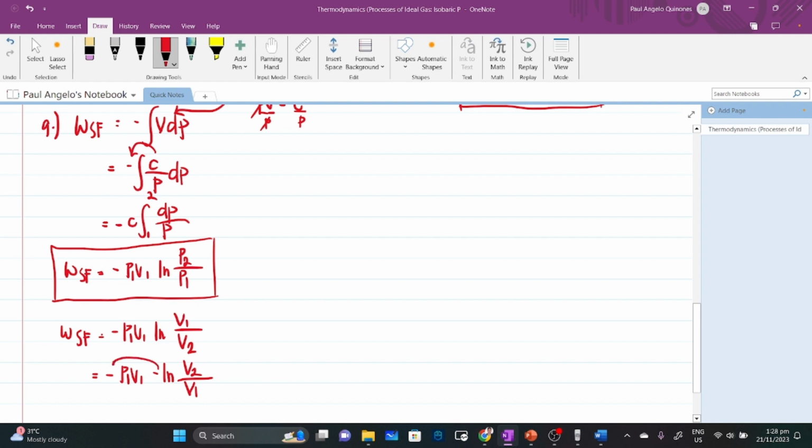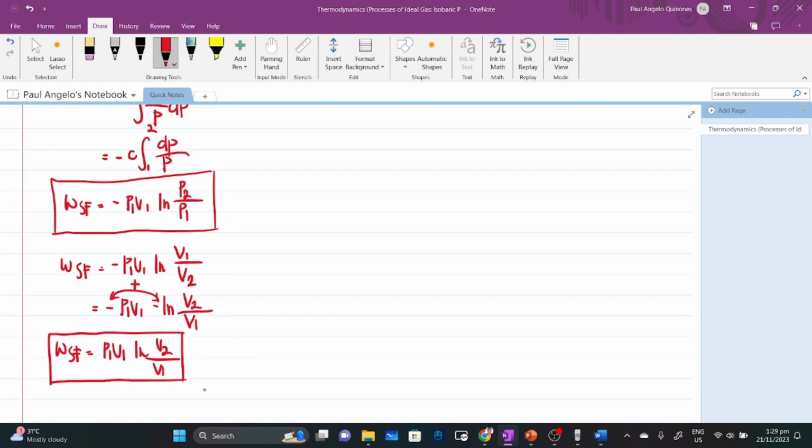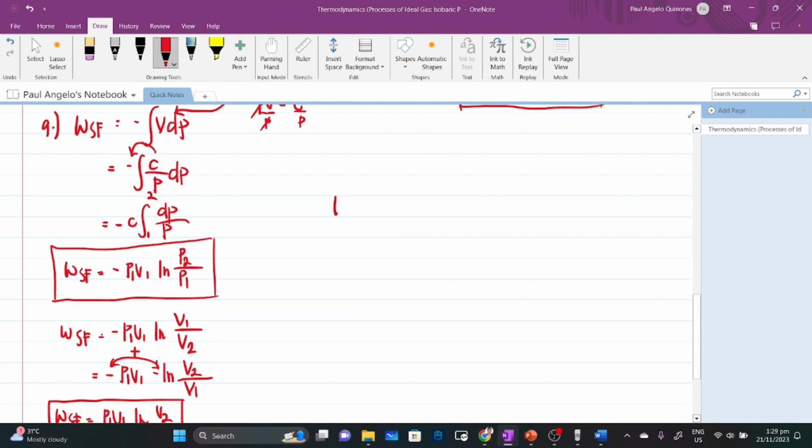So the minus sign will become positive, leaving us with the steady flow work equal to P1 V1 ln V2 over V1. This simply means that your steady flow work is also equal to your non-flow work.